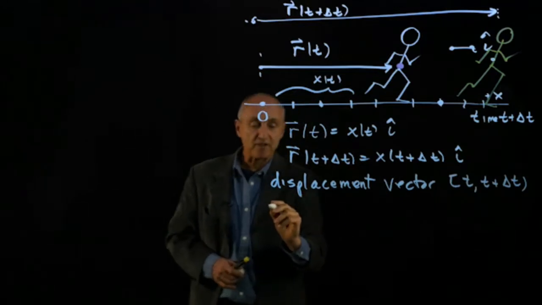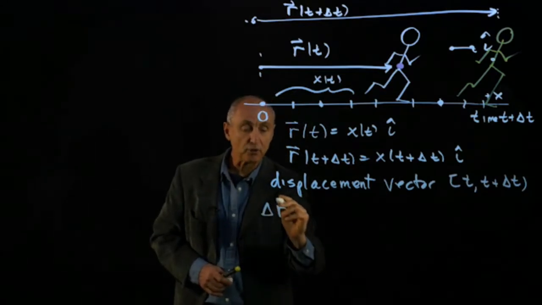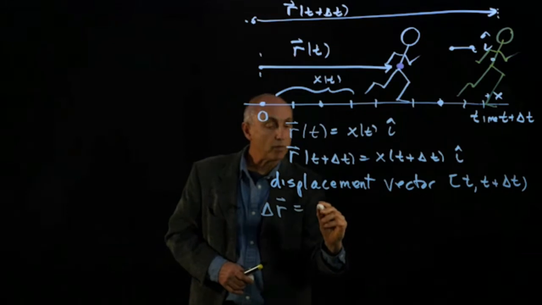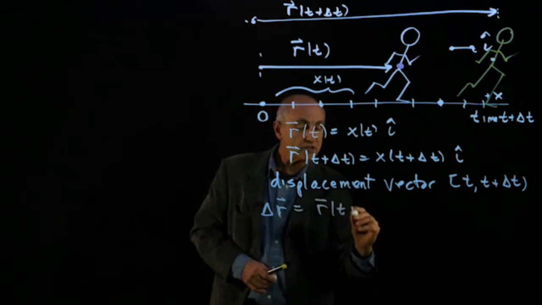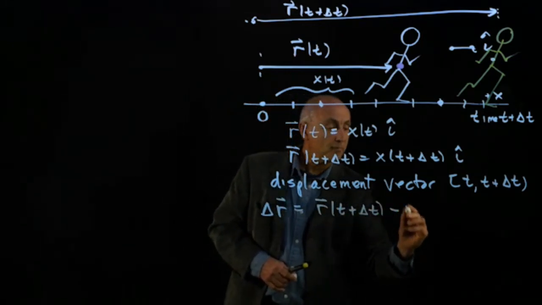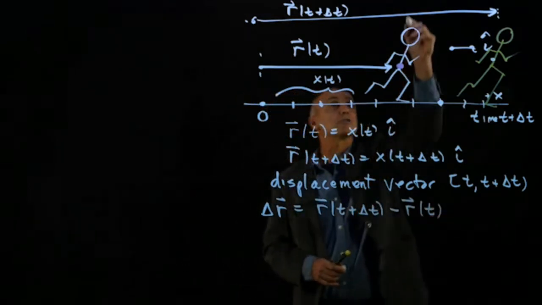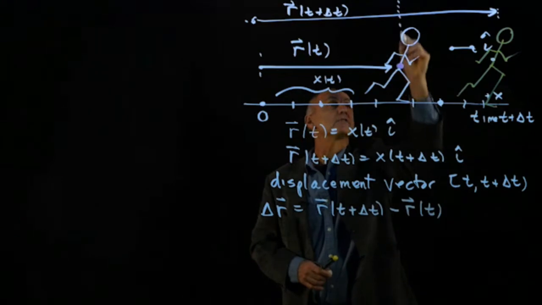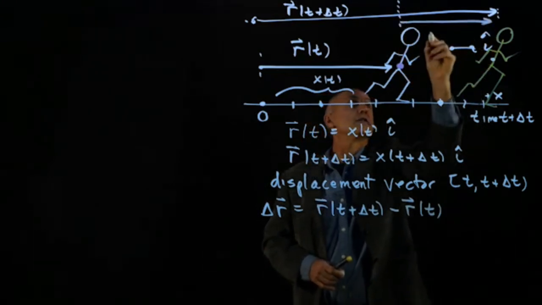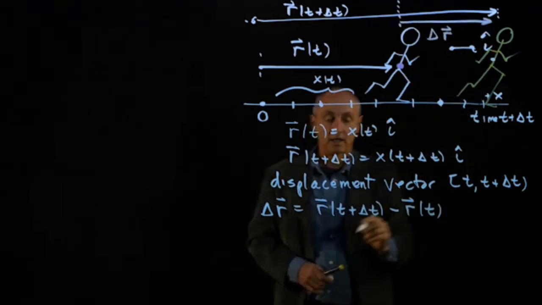And that displacement vector is defined, we use the symbol delta r, and what we mean is the vector r of t plus delta t minus the vector r of t. Now what that vector corresponds to is the vector right here. This is our delta r.